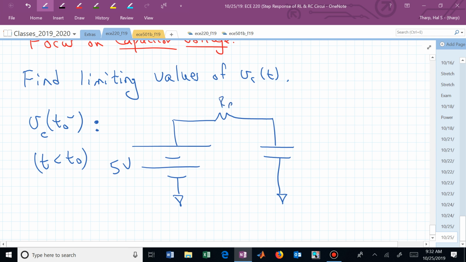This was 5. This was 1. What happens to that capacitor if it's confronted with this circuit? It's been in this condition from time minus infinity up to t sub 0. We said we're focusing on V sub C.